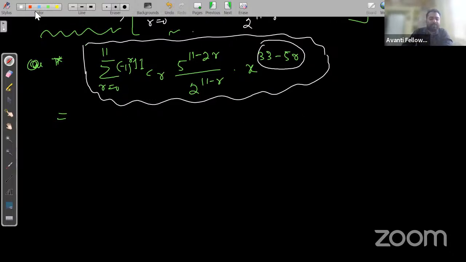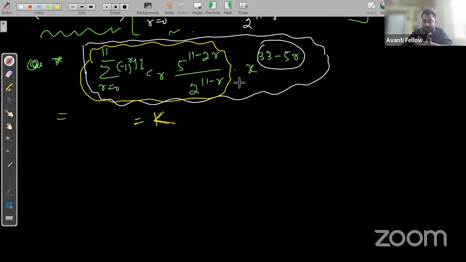I'm taking this whole constant as k, and this total expression to be independent of x. That means this power must be equal to 0. That is 33 minus 5r must be equal to 0.